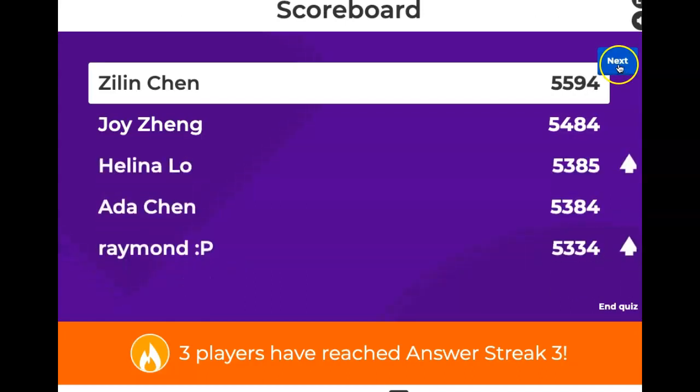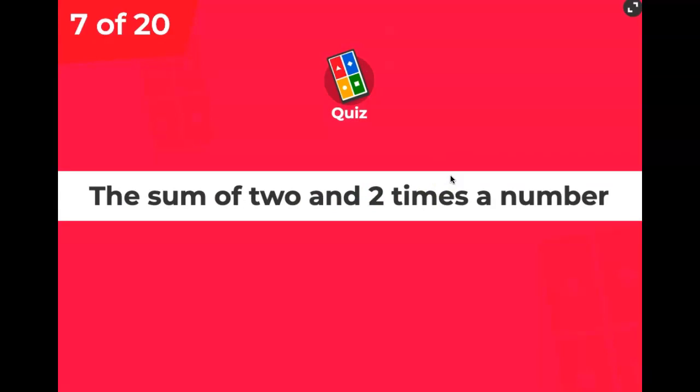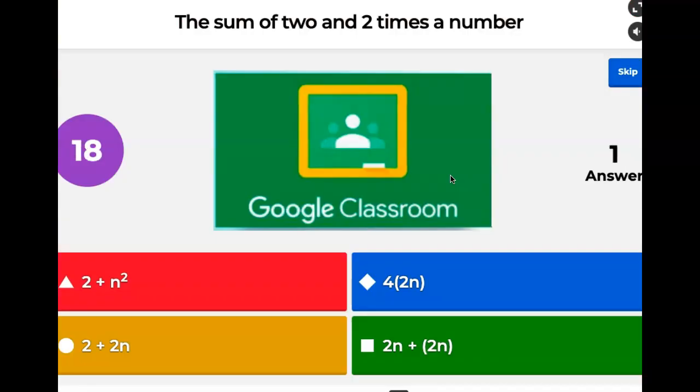Joy is coming there. And there are 3 players who have that power to go up. Question 7. The sum of 2 and 2 times a number. The sum of 2 and 2 times a number.